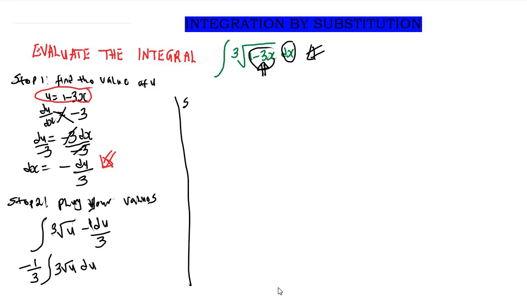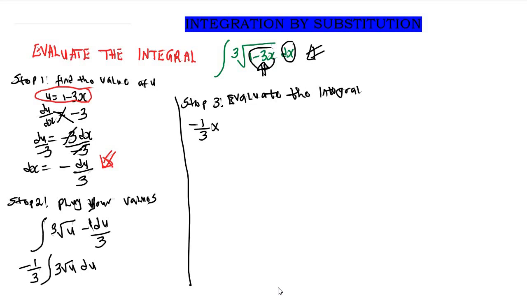Now the next step is you just need to evaluate the integral. This is going to be negative 1 over 3, then multiply.